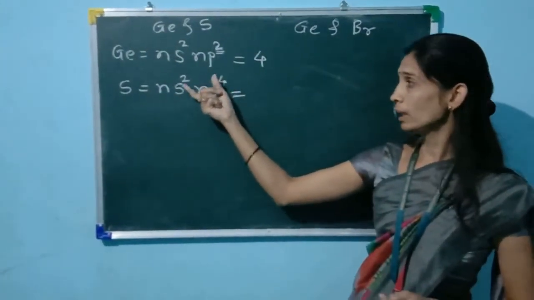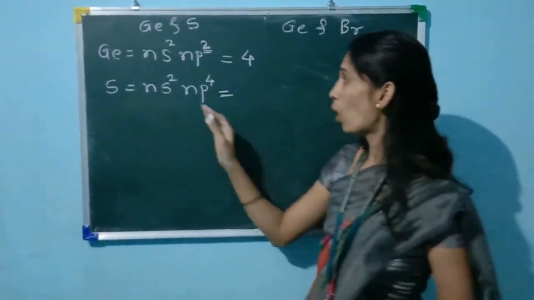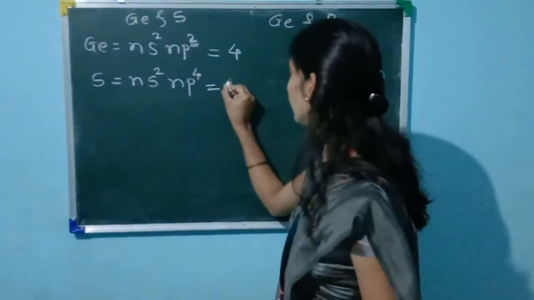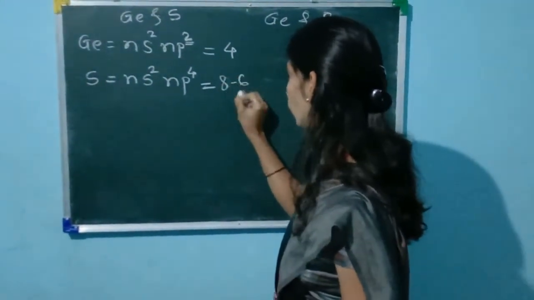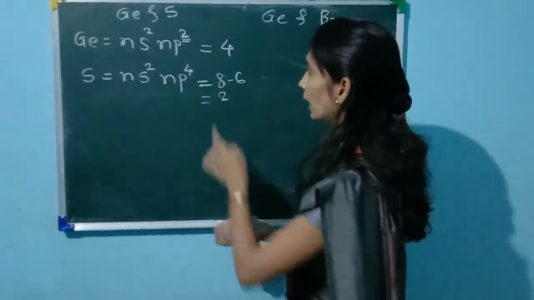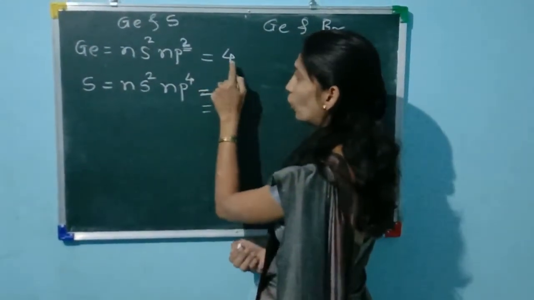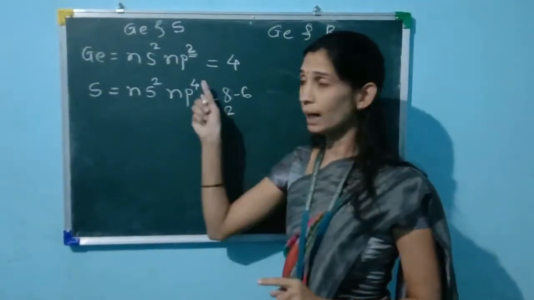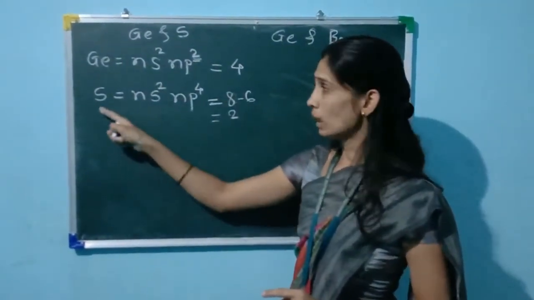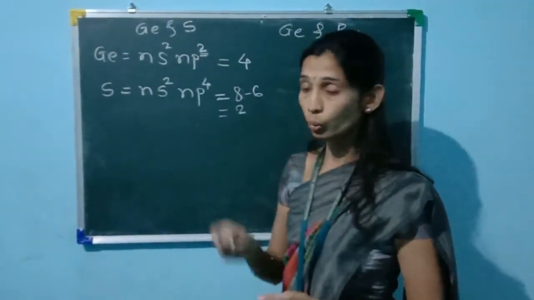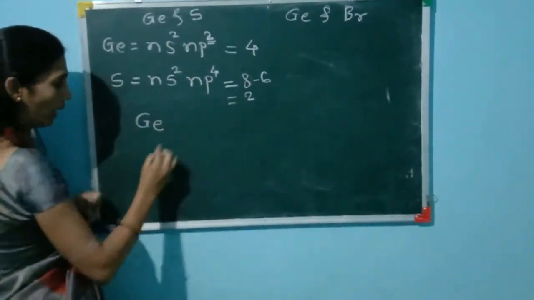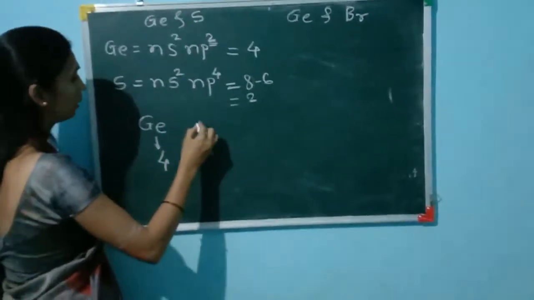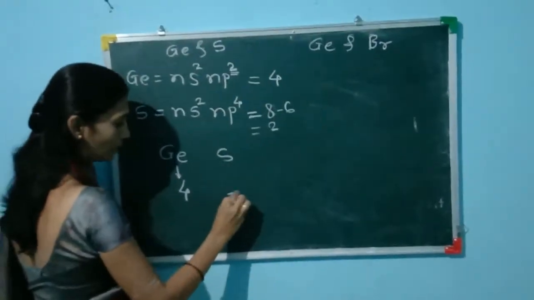By 8 minus 6, the valency of sulfur becomes 2. See here also, 8 minus 4, we write the valency of germanium is 4. Sulfur having valency 2.